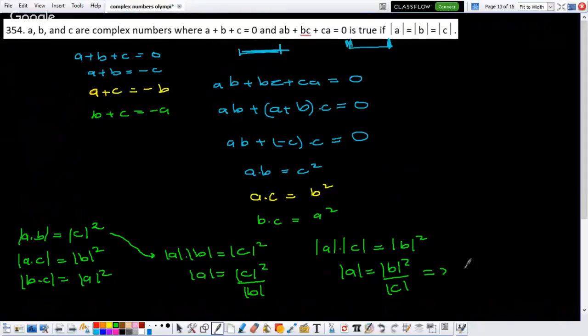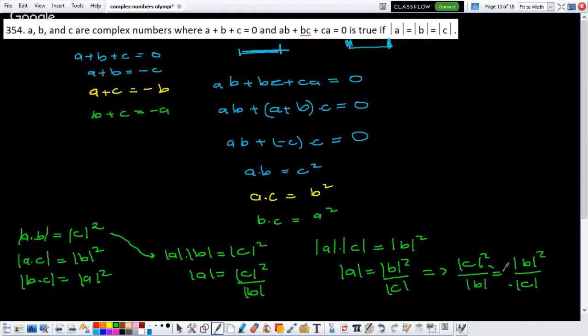This implies that C module square over B module is equal to B module square over C module.